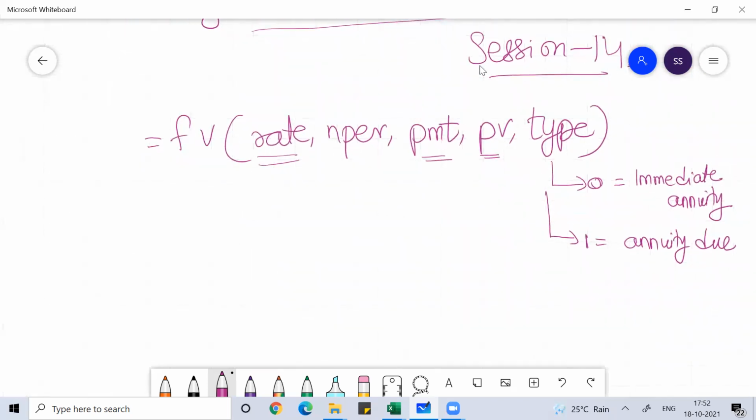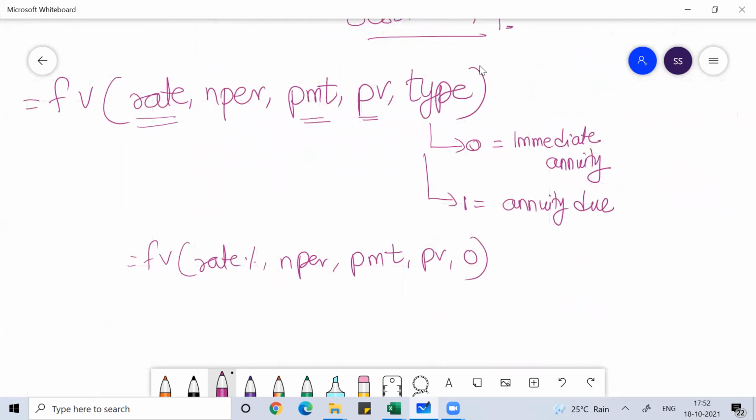So future value of annuity, if you use FV is equal to rate, then NPER is your time period, PMT, PV you can put zero, then type zero, that is future value of annuity. The formula for future value of annuity is A divided by R, into (1 plus R) to the power time minus 1.